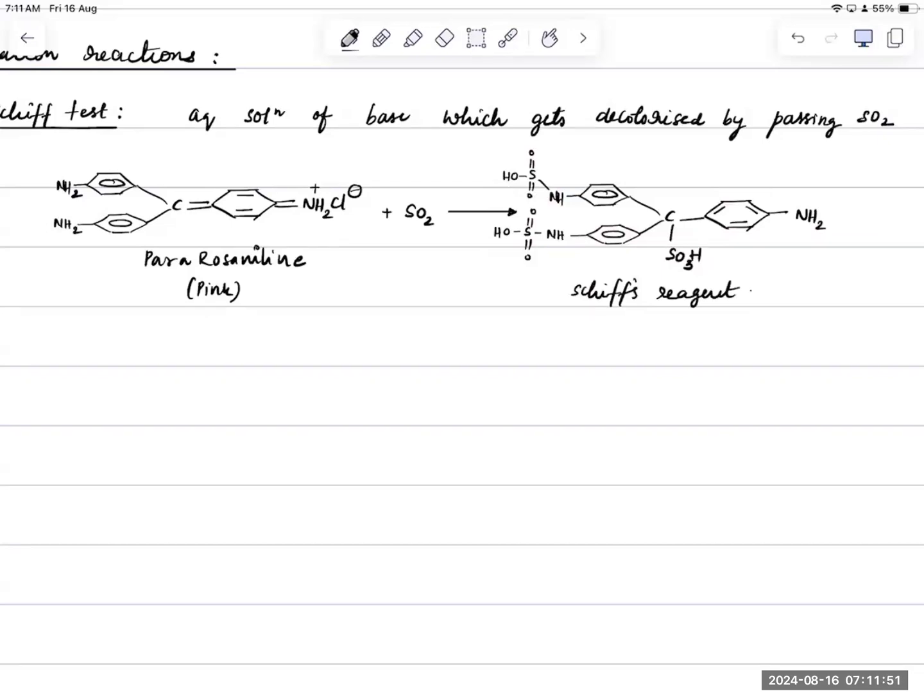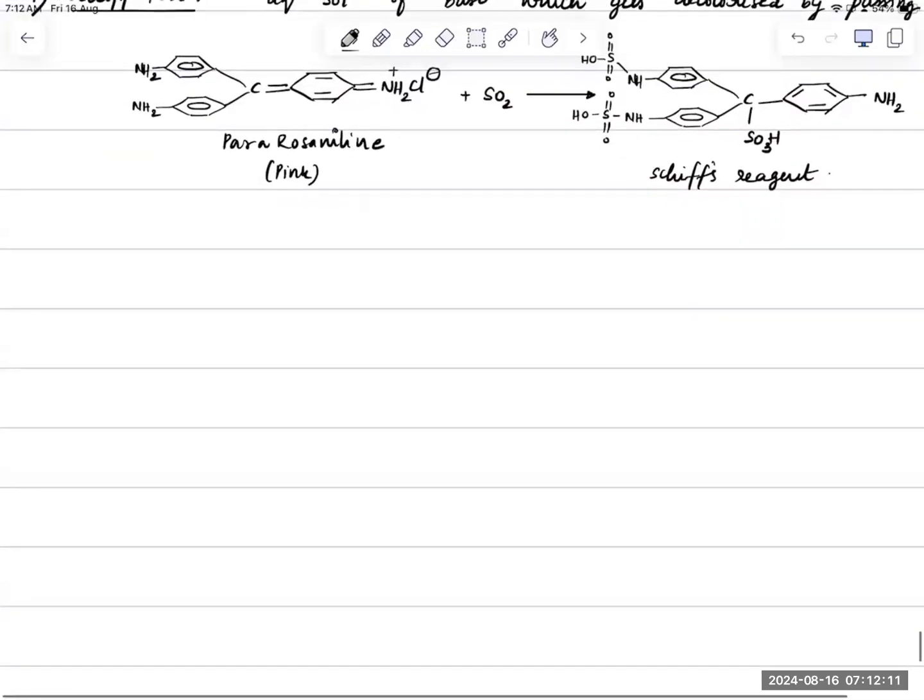Okay. So once you have Schiff's reagent, if you take this solution and pass it through any aldehyde, if it retains the color back, that is a test for presence of aldehyde. So this is the reaction that will take place.